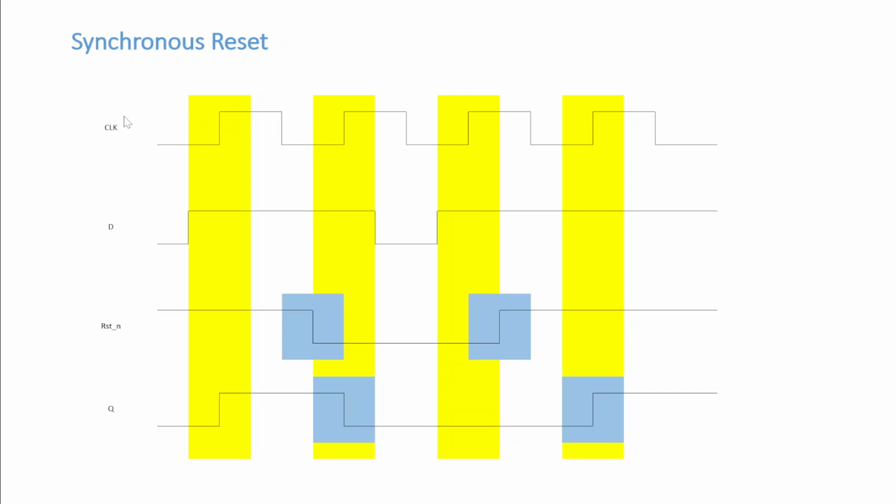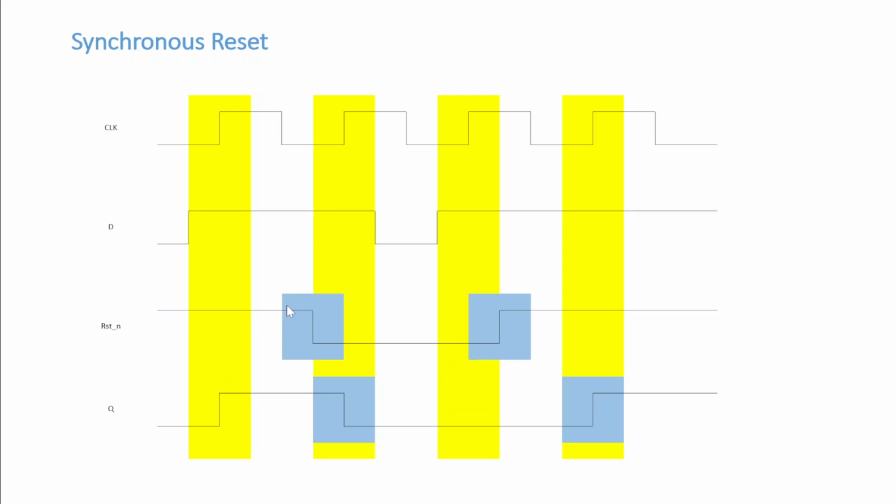So here clock is there, input is there, reset is there, and output is there. Now for the synchronous case, we are only looking at the passage of the clock. Whatever change comes, we check at the passage of the clock. So first at the passage of the clock, we see the input. Here the input value is 1, so our output will take that value.